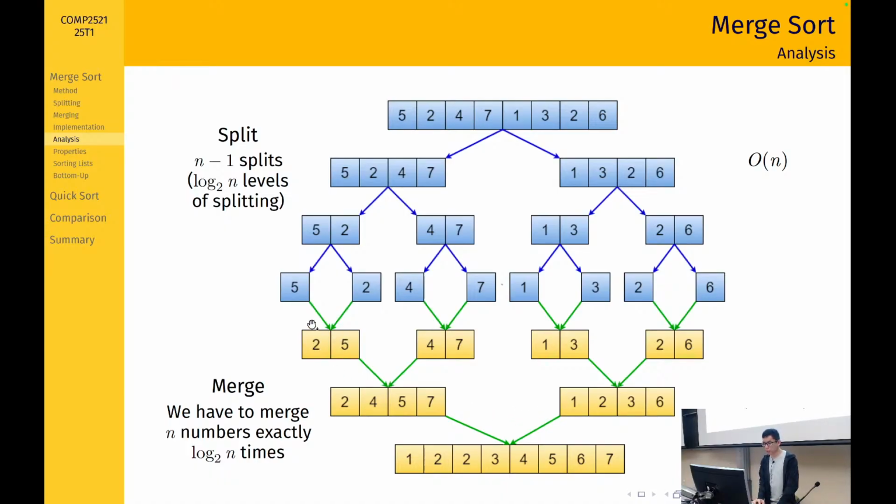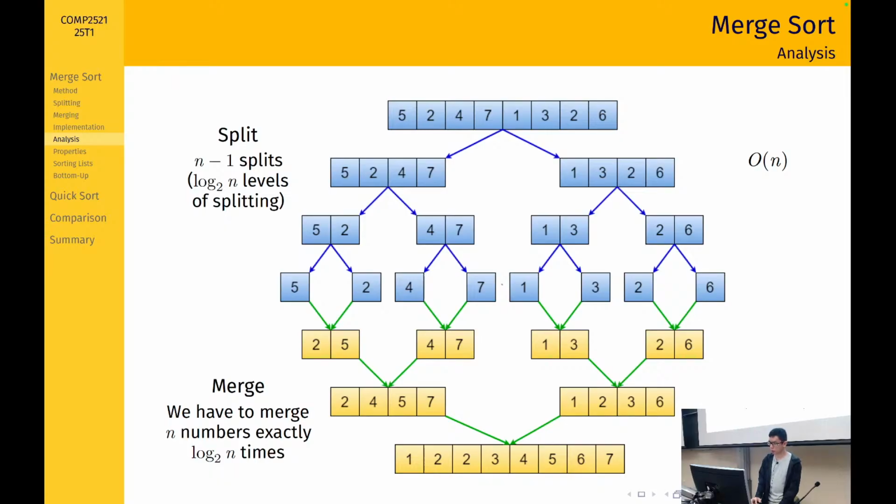Okay, so since across each level of merging we're performing about n steps, or n comparisons, and we have log base 2 of n levels of merging, so that's the number of rows of merging in this diagram, then the total cost of merging is n log n.